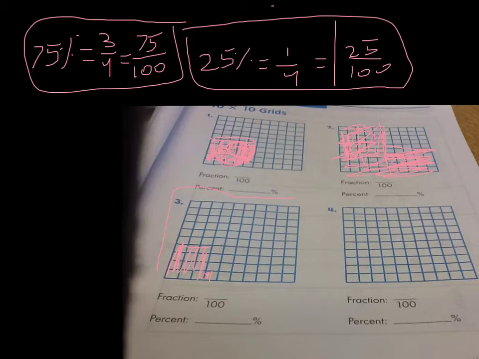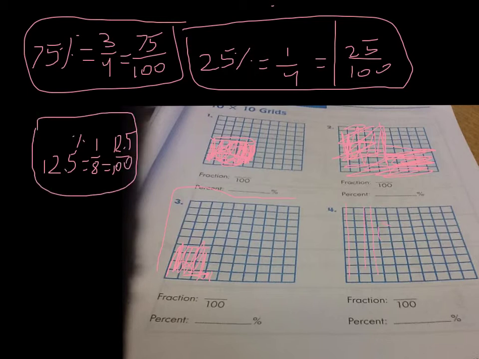Then we have the half square there. So now we know that 12.5% is equal to 1/8, which is equal to 12.5 out of 100.